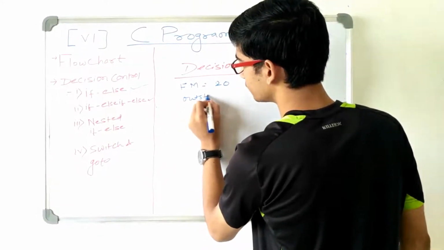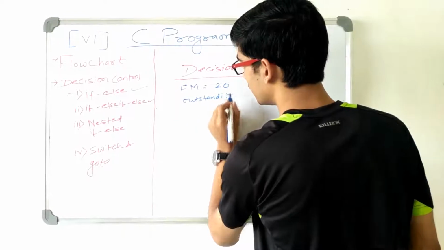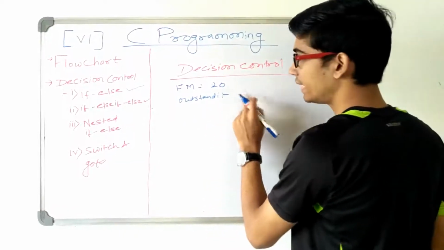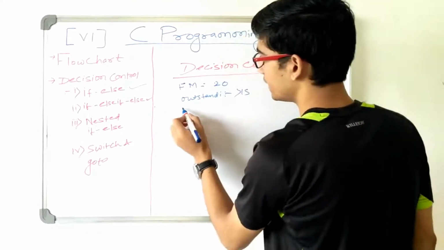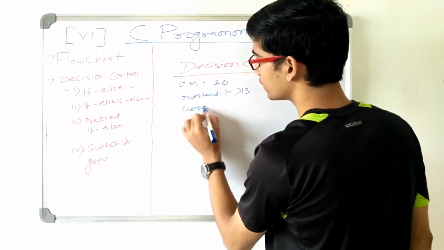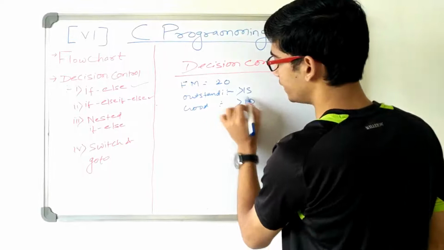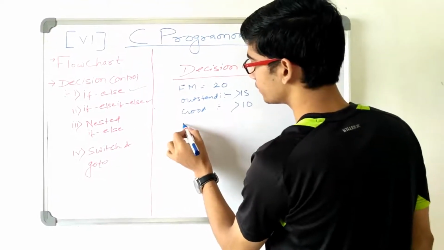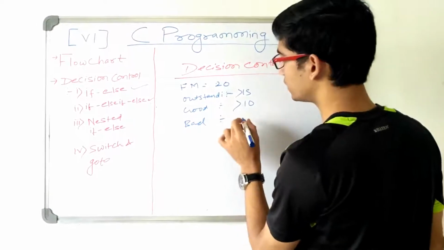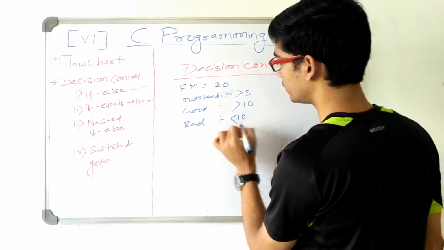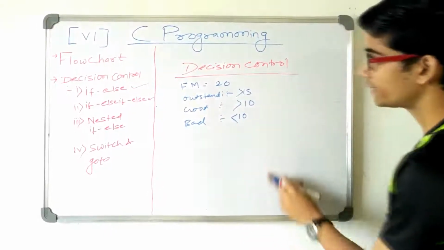A student is outstanding if he scores more than 15. A student is good if he scores more than 10. A student is bad if he is lower than 10. Okay, lower than 10. So how do we write this program?